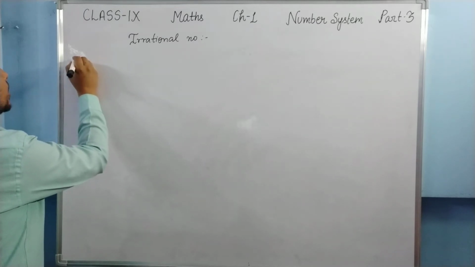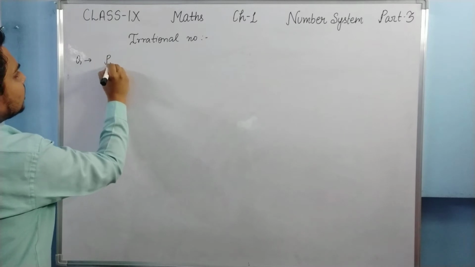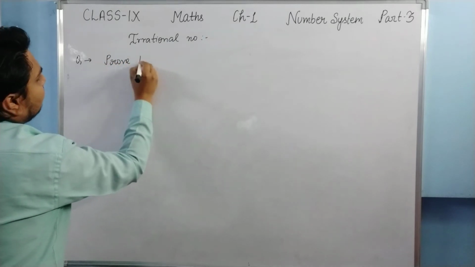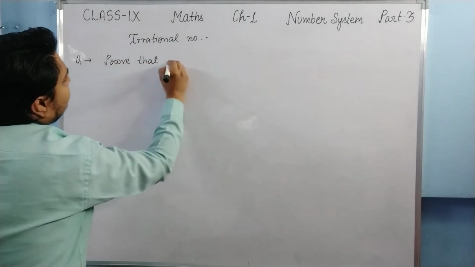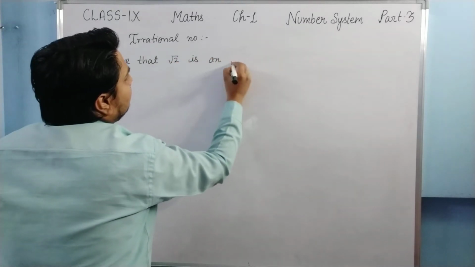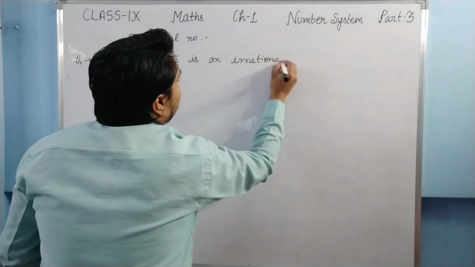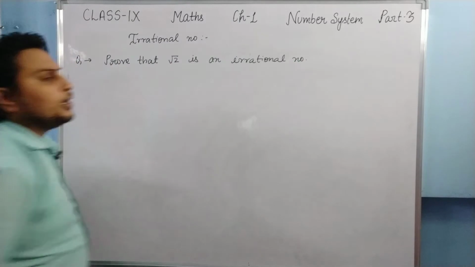Under this heading we will see an example question. The question is, prove that under root 2 is an irrational number.